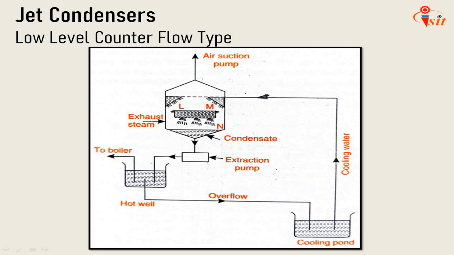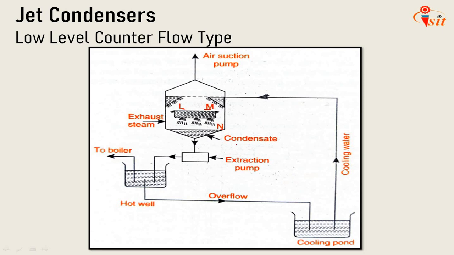Now next is low level counterflow condenser. Now here in the figure, L, M, N are the perforated trays which break up water into jets. The steam moving upwards comes in contact with water and gets condensed.